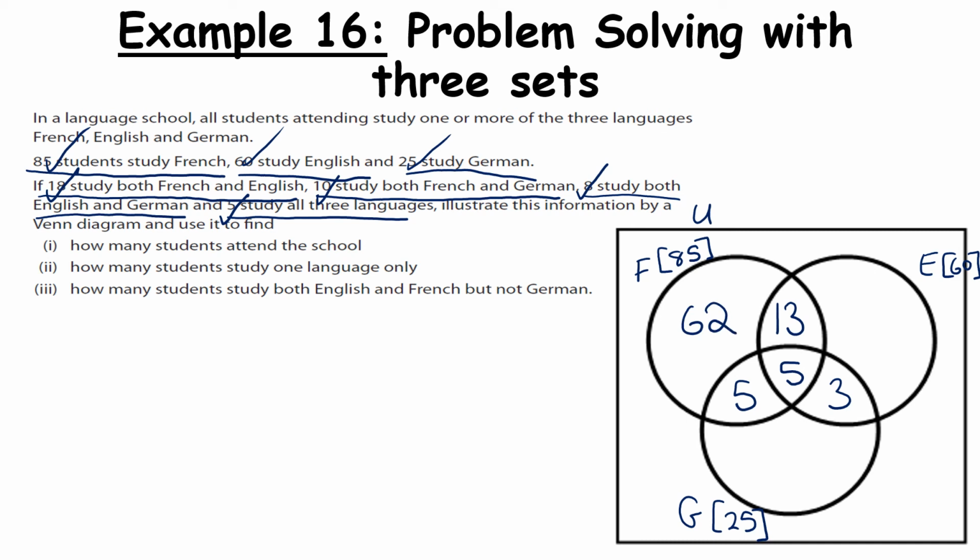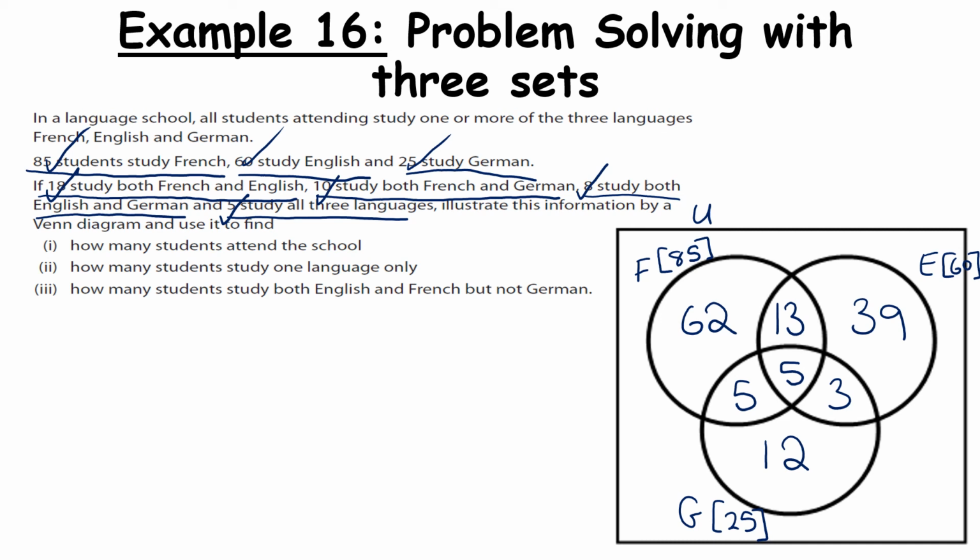For English, there's 60 in total, but we've already filled in 13, 5, and 3. So taking those away leaves us with 39. For the German circle, the whole circle should add to 25. We've already included 5, 5, and 3. So 25, take away 13, and we are left with 12.